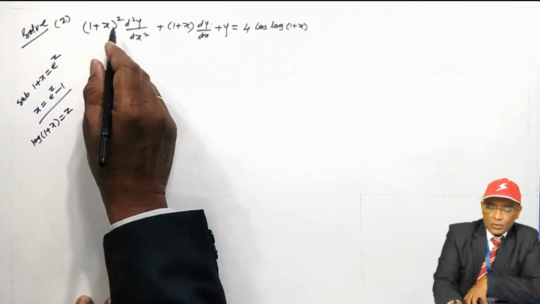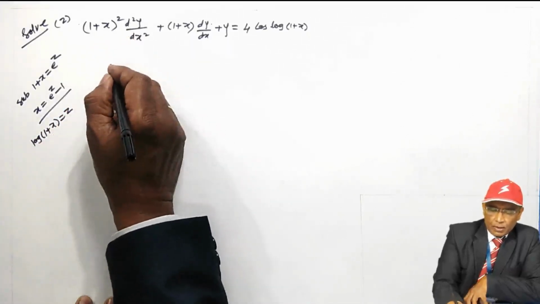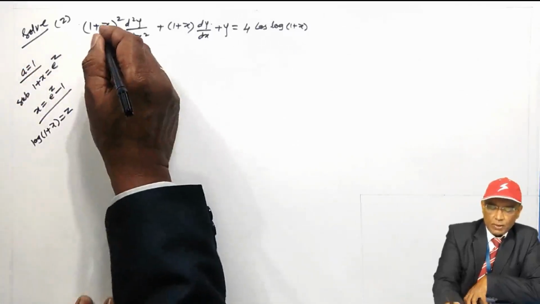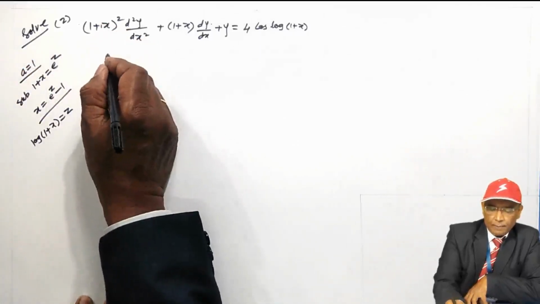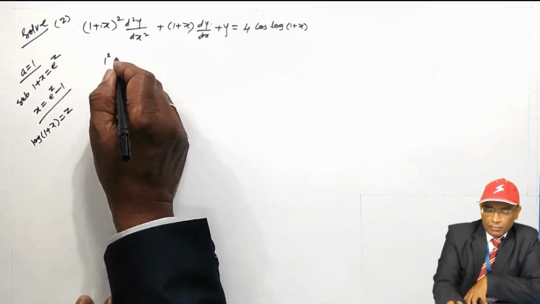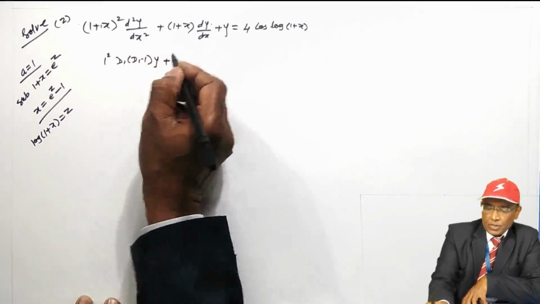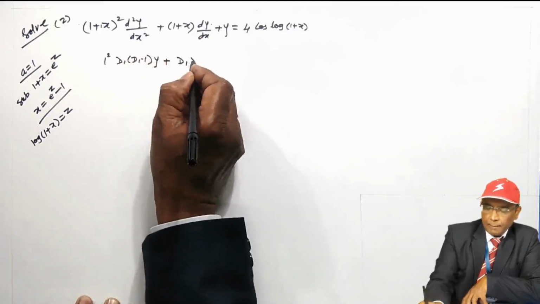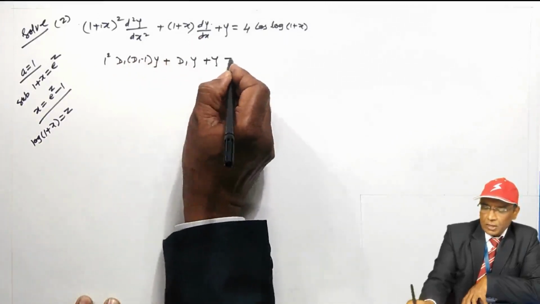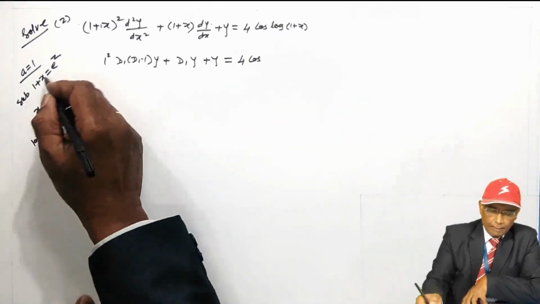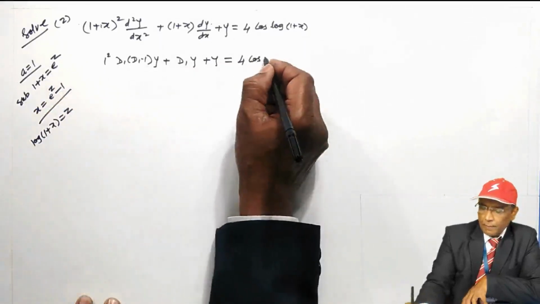So 1 plus x square d2y by dx square is what? Here a is 1. Coefficient of x is 1. It becomes D1 into D1 minus 1, y, plus D1 y, plus y is equal to 4 cos of log of 1 plus x, which is z.